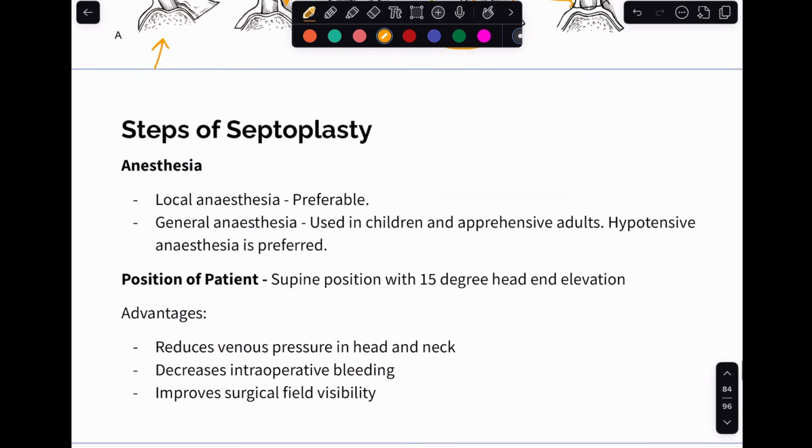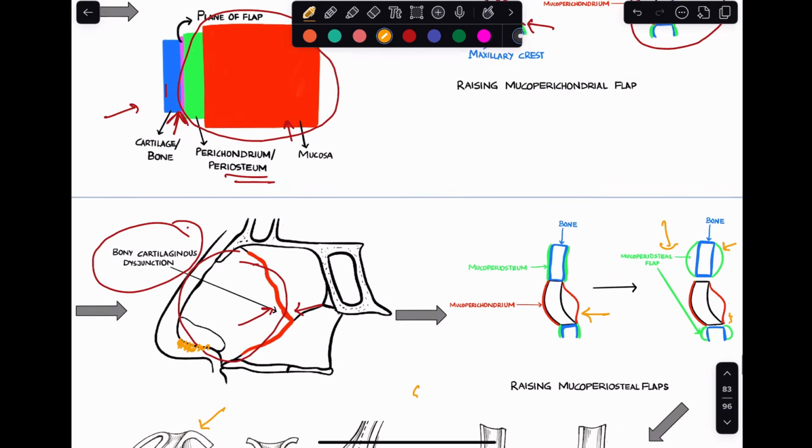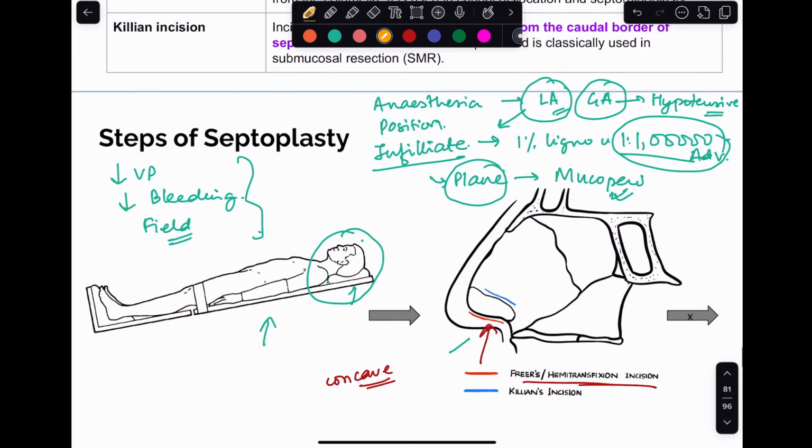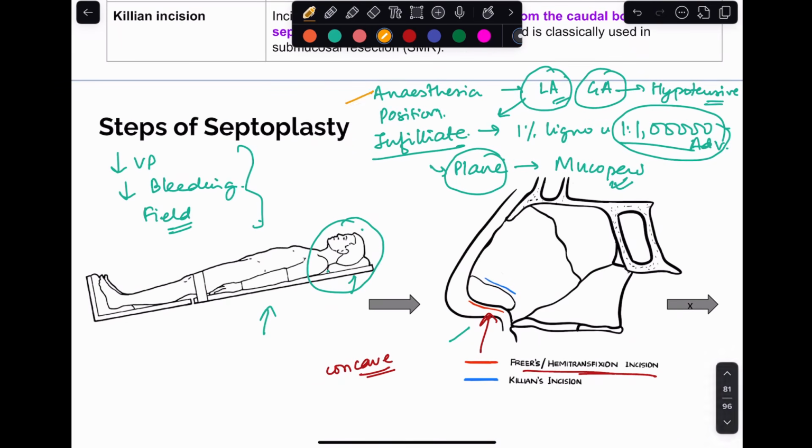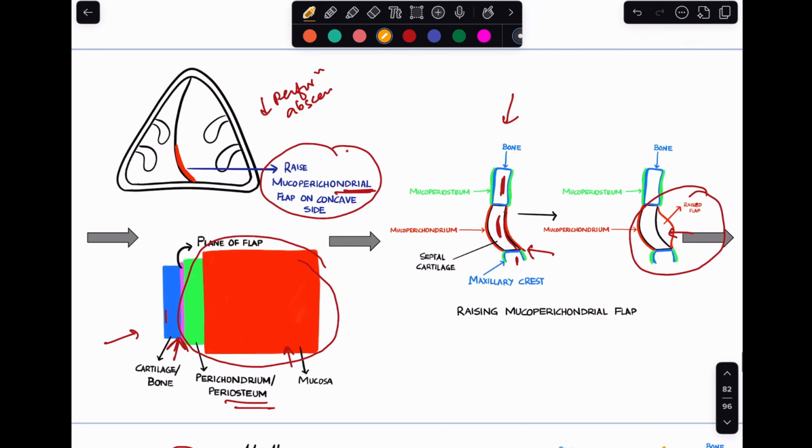So now if I had to recap yet again, let's start with anesthesia. First we'll tell the anesthesia, then the position of the patient, then we'll infiltrate the nasal mucosa at the right plane. After that we will give the hemitransfixion or the Freer's incision at the caudal edge of the septum, and then we will raise the mucoperichondrial flap on one side.